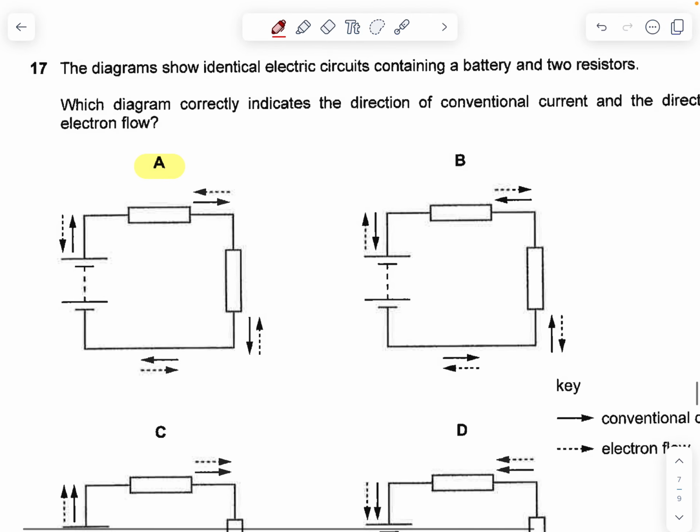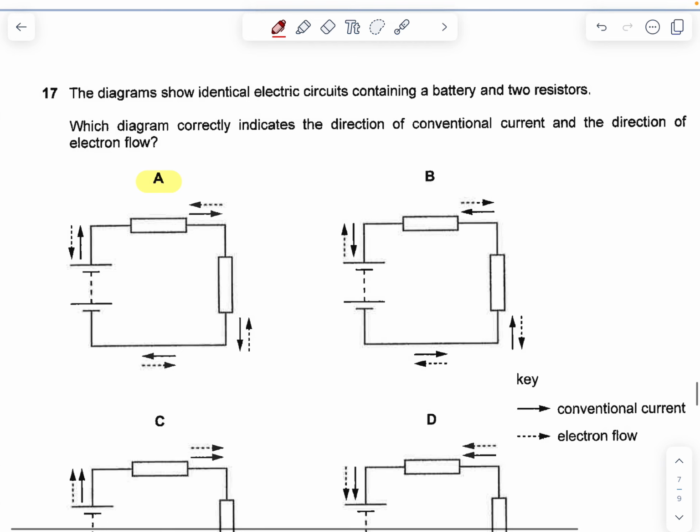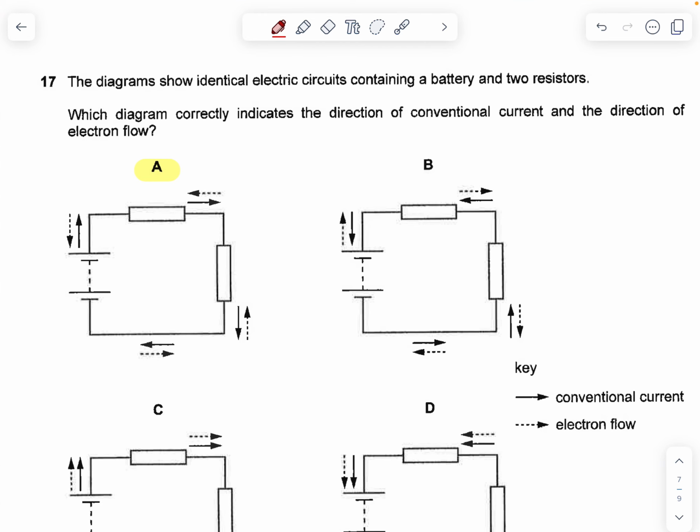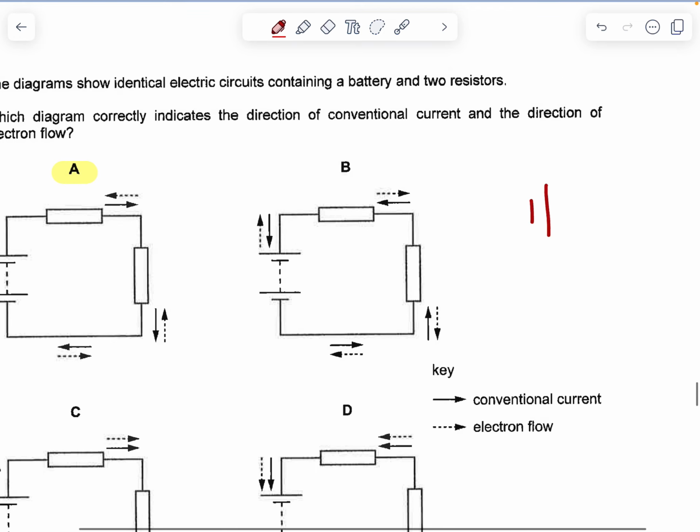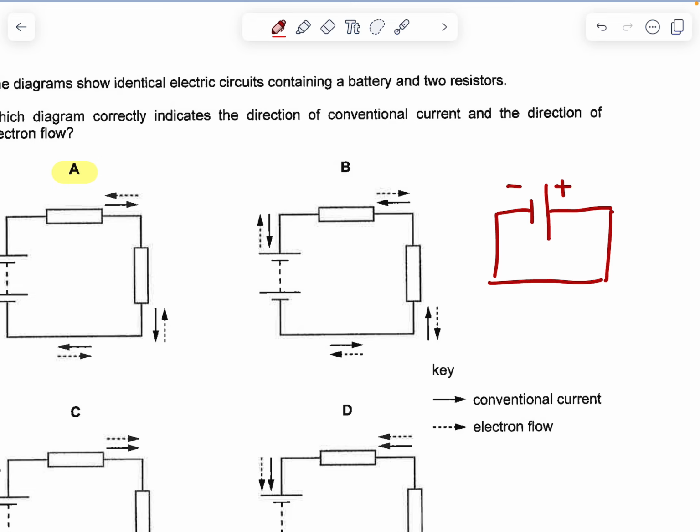Question 17. The diagram shows identical electric circuits containing a battery and two resistors. Which diagram correctly indicates the direction of conventional current and direction of electron flow? So as we know, conventional current, if I were to draw it out, this is the positive, negative terminal of the battery. Conventional current flows from the positive to the negative terminal.